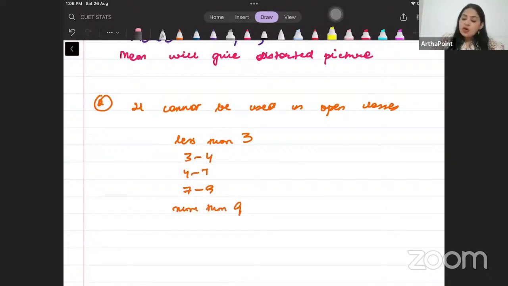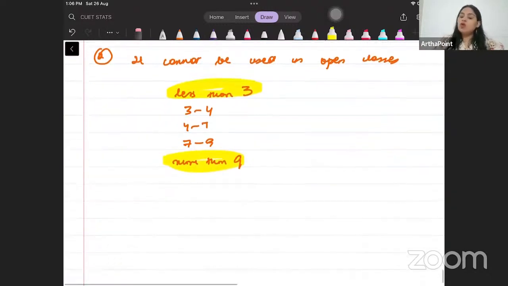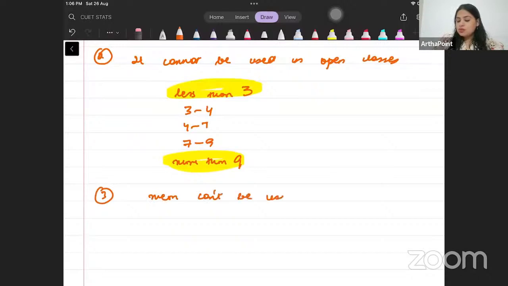I cannot find mean if I have these open classes. In that question also, I converted those open classes into closed classes. But directly, I cannot find mean for open classes. Third, mean cannot be used for a qualitative data set.